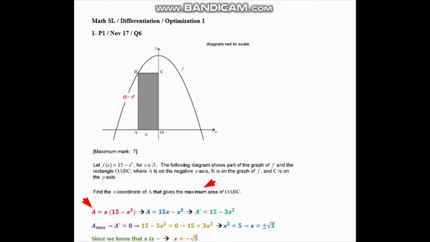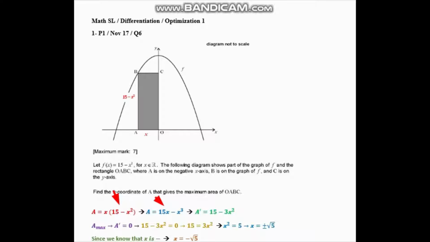Of course we know that the maximum value of y is given by y dash equals 0, as in turning points and curves and so on. So the maximum value of the area shall be given when A dash equals 0. We can easily obtain A dash from A, so what I've done here is I've expanded the red equation to get the blue equation, which is still the area, 15x minus x cubed.